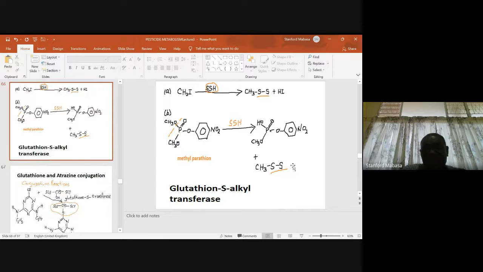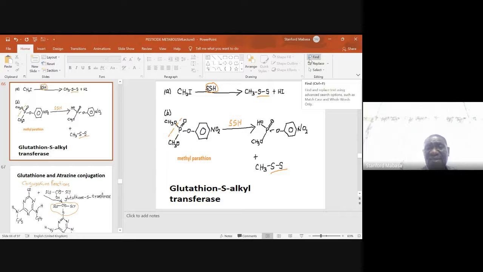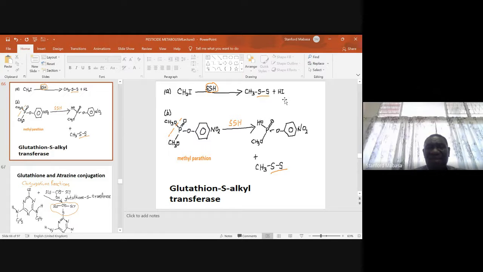Again, glutathione can combine with something like methyl iodide, replace the iodine there with the glutathione via the S bond and liberate this iodine. Iodine is now hydrogen iodide.